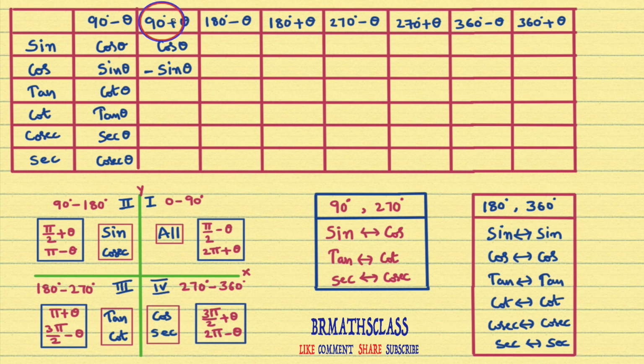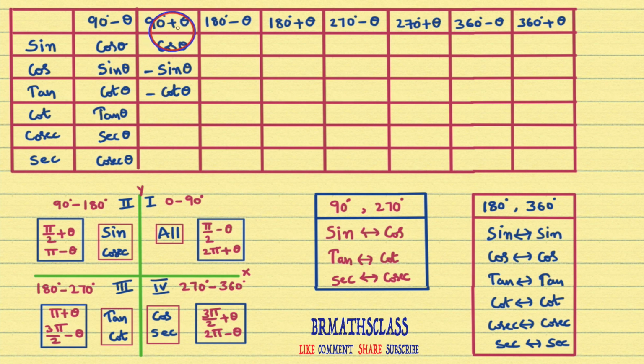Now, tan 90 degrees plus theta. As 90 degrees is there, tan changes to cot, cot changes to tan. Tan changes to cot theta. Pi by 2 plus theta is second quadrant. In second quadrant, tan is negative. So tan pi by 2 plus theta is minus cot theta.